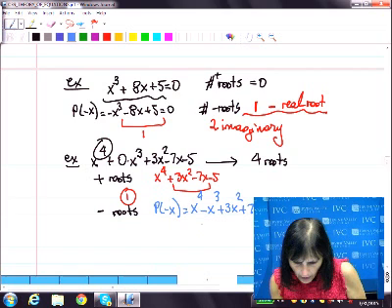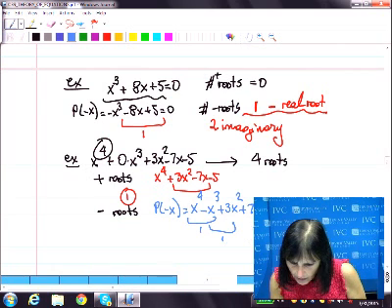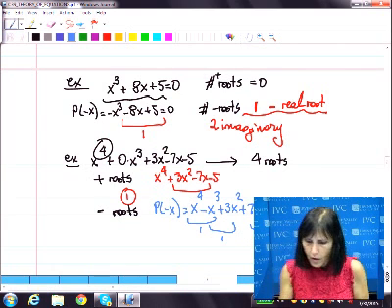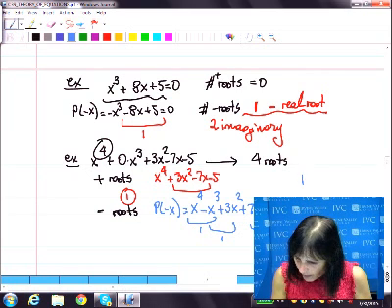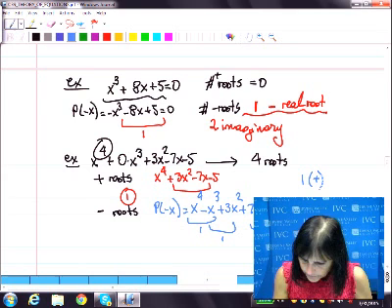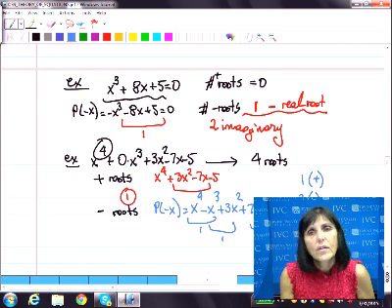Okay, I got here's one, and here's another one, and here's another one. So remember, I had 1 positive root, and then I have 3 negative roots.